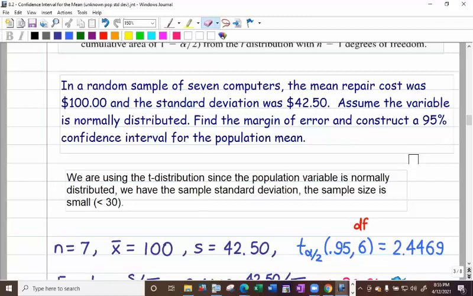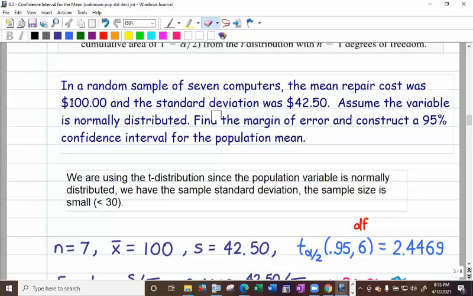Random sample of 7 computers. Sometimes people fuss at me whenever numbers are written as words. I mean, what's in? 7 right there. I don't like that. I want it to be a number. You'll be all right, though.